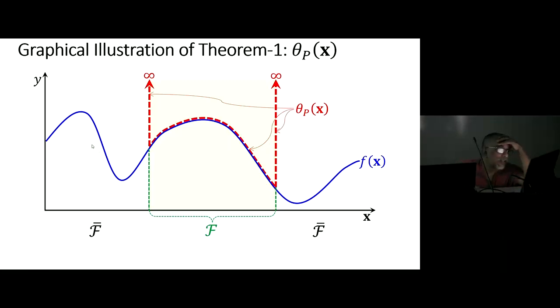This is theta p of x, the dotted red line. In the feasible region, it coincides with the function f of x. The objective function and the primal function are identical. But in the infeasible region, what happens? The primal function theta p of x becomes infinity, unbounded, on both sides. Okay.